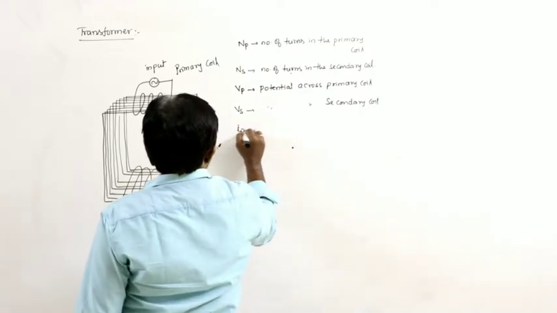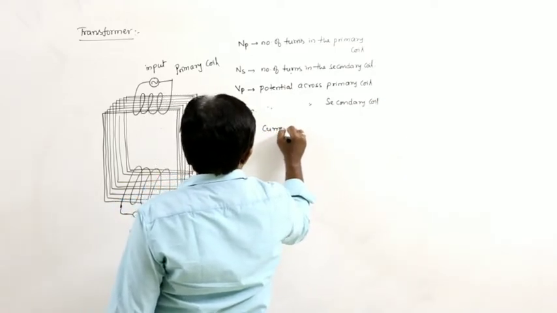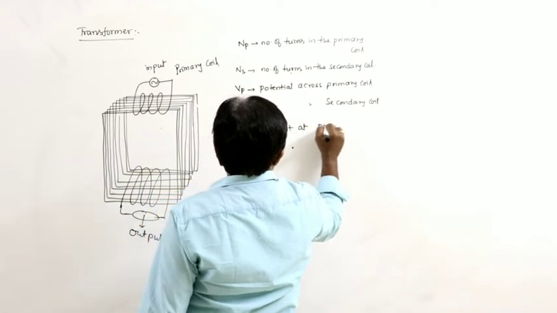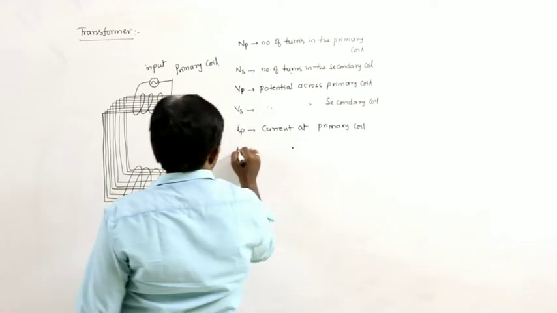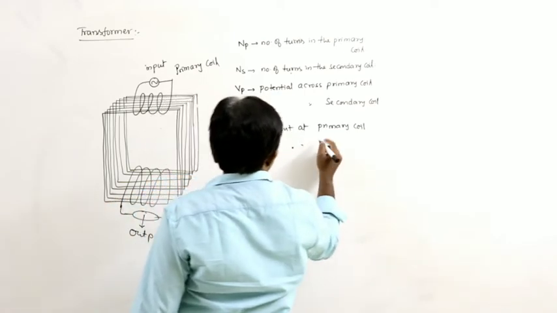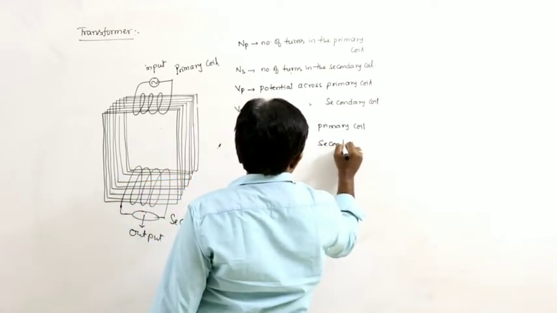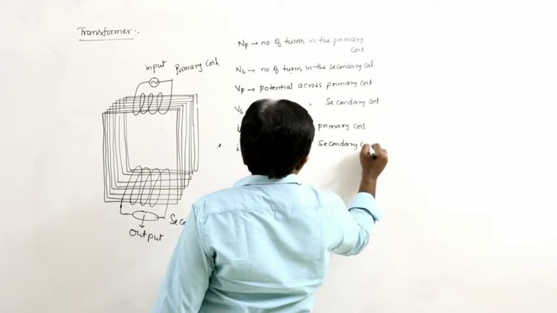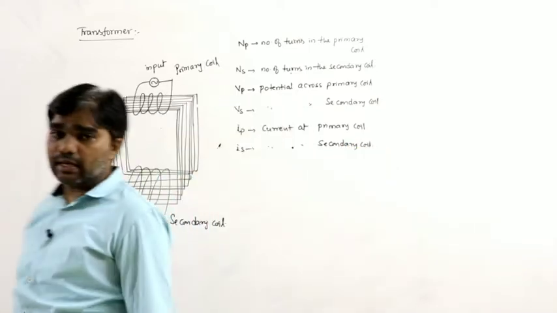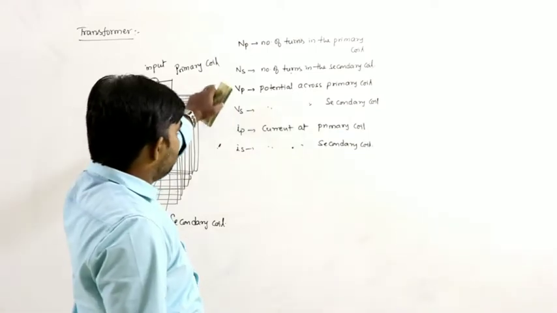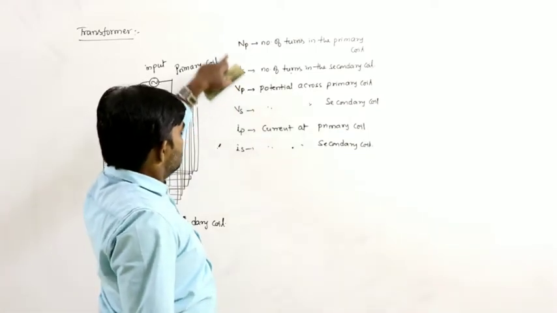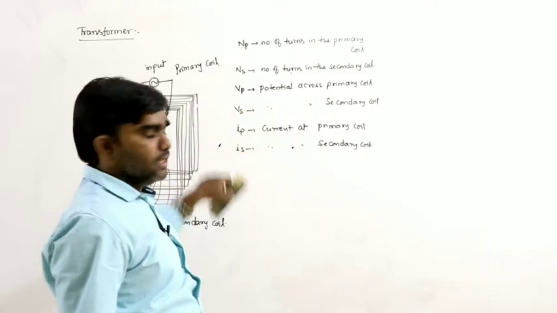Let us say Ip is the current at the location of the primary coil, and Is is the current at the position of the secondary coil. So these are the number of turns, potentials, and currents at this position: Ns, Np, Vs, Vp, and Ip, Is.